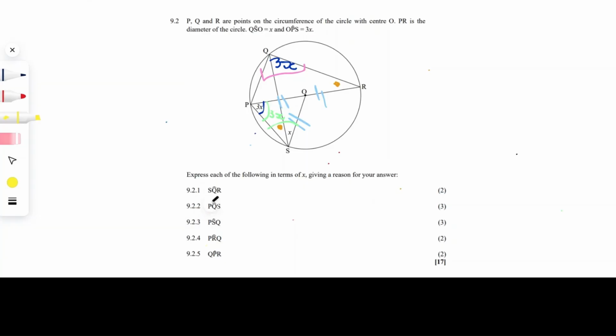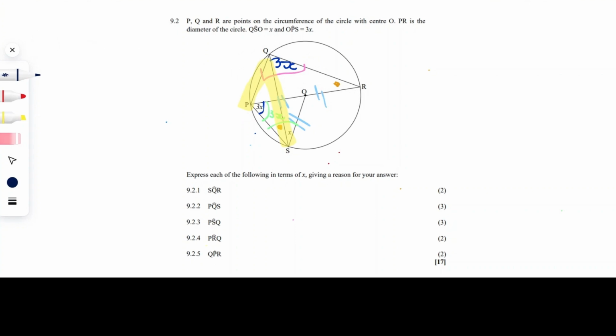For the next question, 9.2.2, calculate the value of PQS in terms of X. PQS would be this angle over here. Okay. So now PQS forms a part of the larger angle, which is angle PQR. So what method do we use to find out what that little part of Q is equal to? Now we already know that the larger angle Q, the entire PQR angle, is equal to 90 degrees because of angles in the same segment.